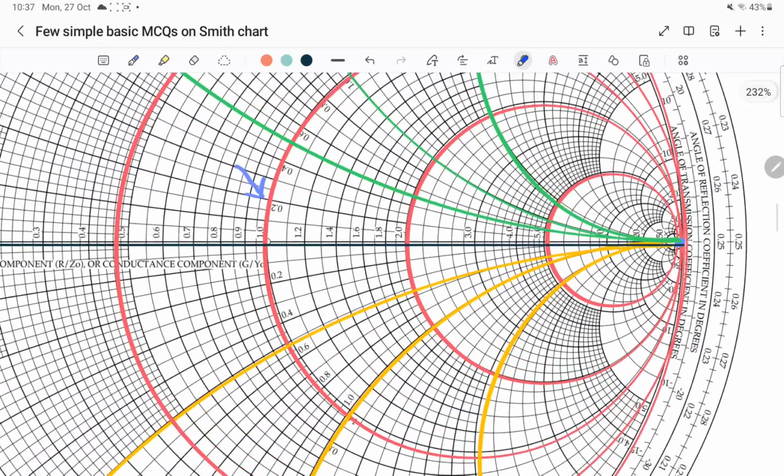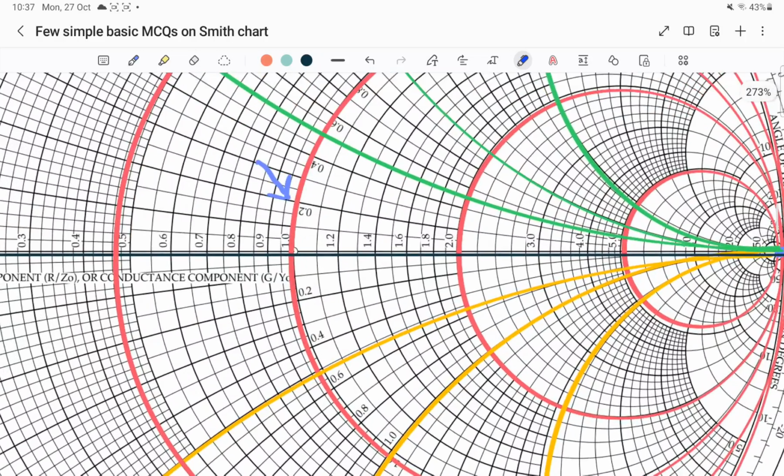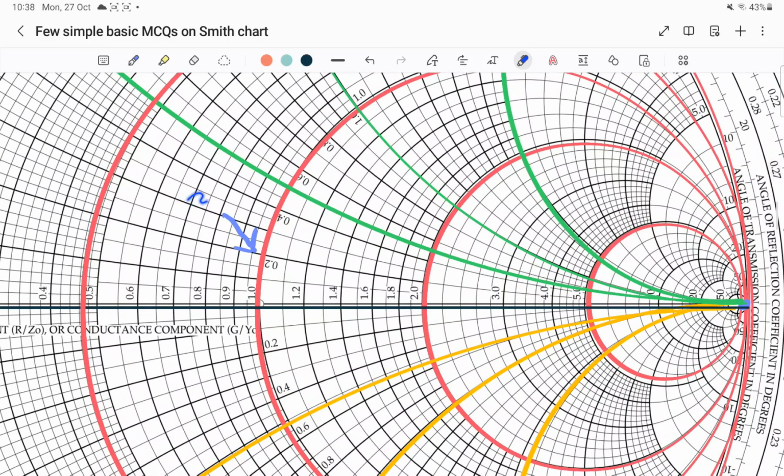This circle which I am drawing right now is called a unity resistance circle. Why is it called a unity resistance circle? Because this circle passes through the point which says 1.0. So the value of this circle is RL equals 1.